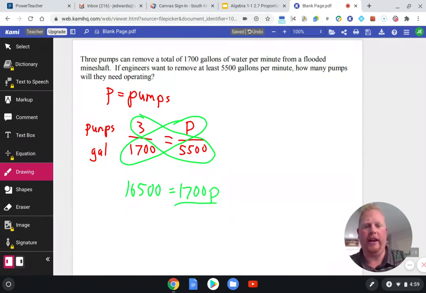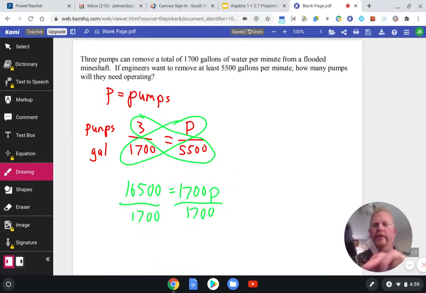Let's solve by dividing by 1,700 on both sides. Whip out your trusty calculator. So 16,500 divided by 1,700. So I get 9.705 equals P.